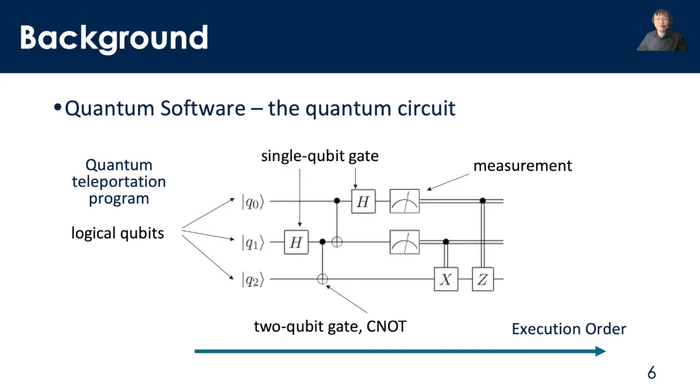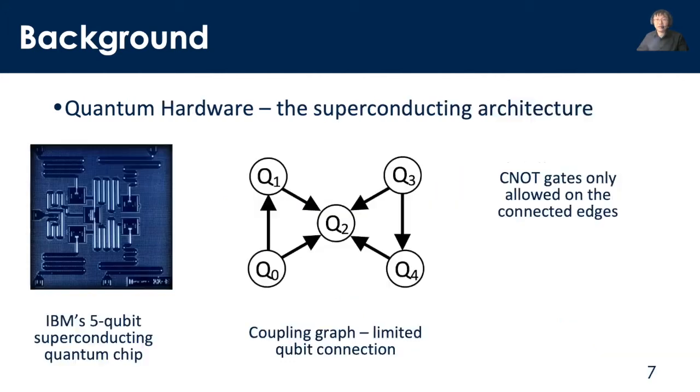To execute this circuit, you basically apply gates from the left to the right. Now let's take a look at the hardware. On the left is a figure of IBM's 5-qubit superconducting chip. In the superconducting chip, one famous architectural constraint is a qubit connection constraint.